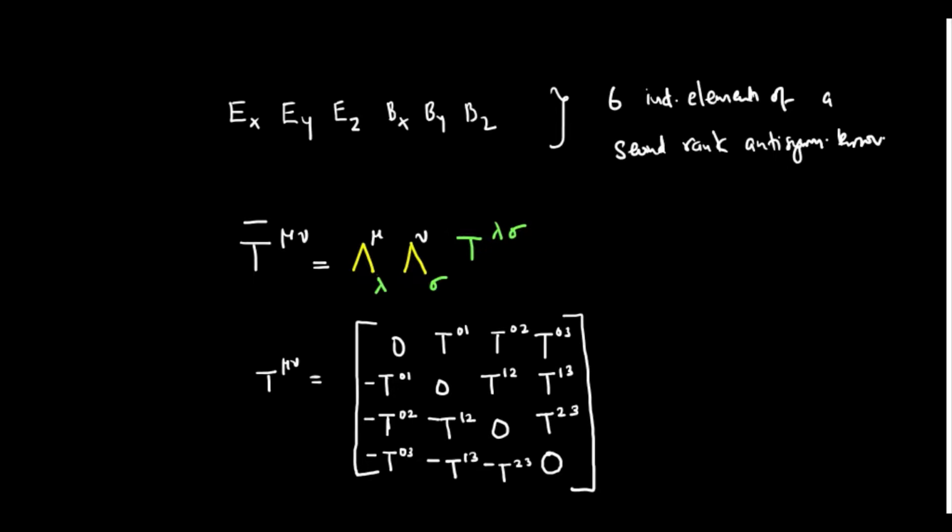Okay, so just look at these elements. This one is actually 1 0, but it is the negative of this, so this is minus T 0 1. This is actually 2 0, this is 2 1, but these are exactly the opposite of 0 2 and 1 2. Here also the same. So how many independent elements? You have 6 independent components. Now we are going to find the transformation of each and every one.